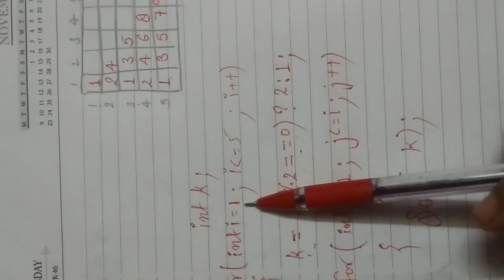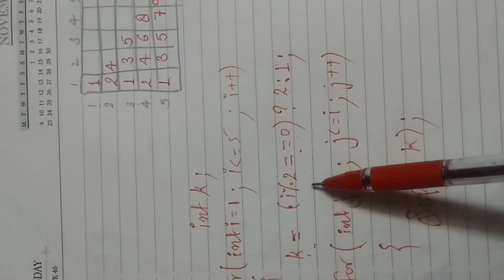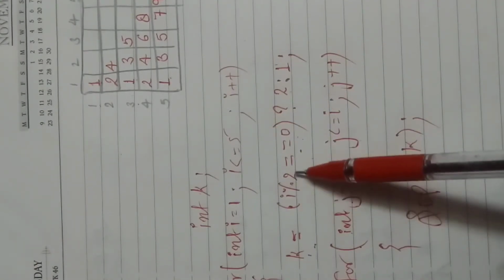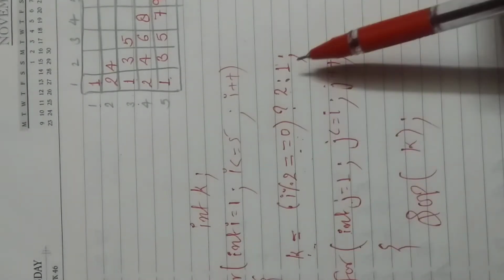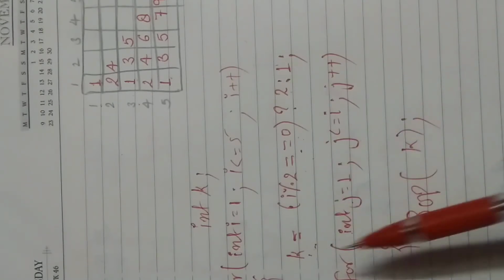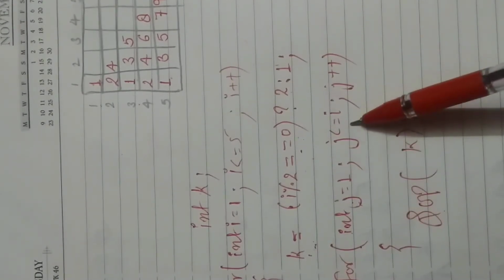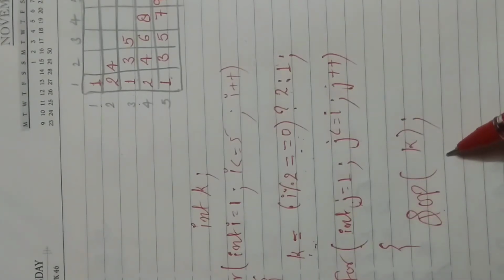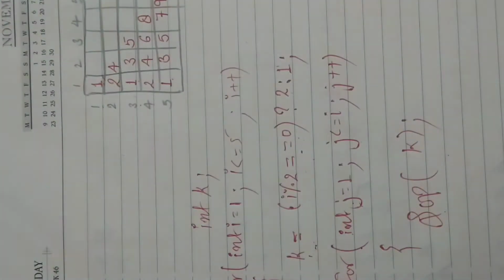Suppose your I value is 1, control checks the condition, it is true, control comes here. 1 mod 2 is not equal to 0, so in K it stores 1. After storing 1, it comes to the next loop. J is equals to 1, j less than equals to I, the condition is true, then it will print the K value, which is this 1.